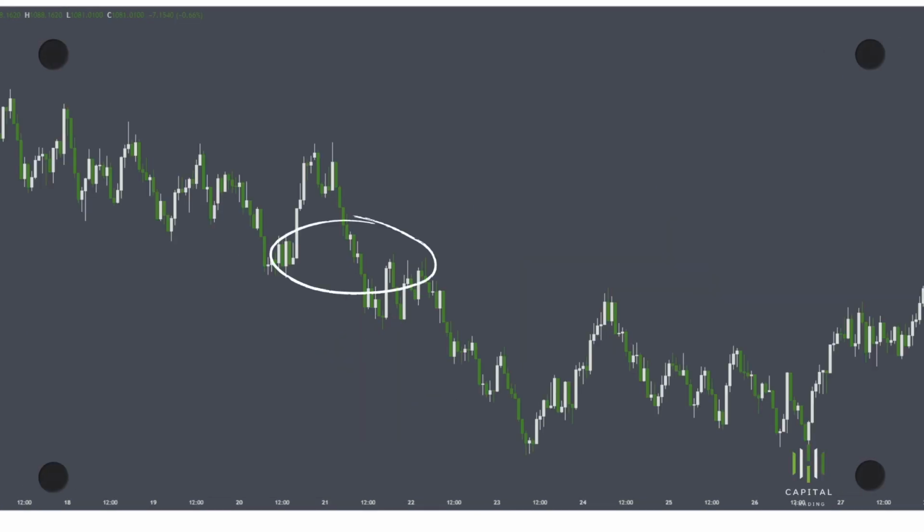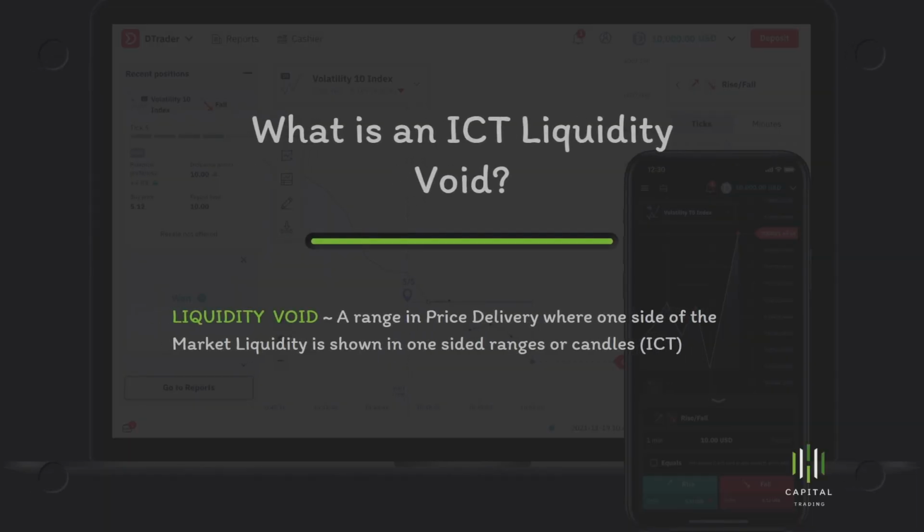So now let's jump into what a liquidity void is all about. When we talk about a liquidity void, ICT explains this as a range in price delivery where one side of the market liquidity is shown in one-sided ranges or candles.